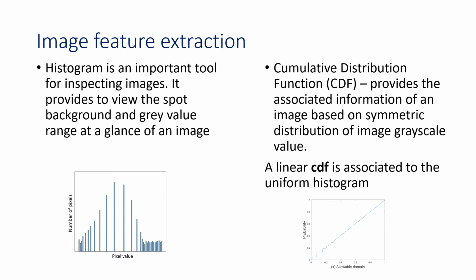Histogram is an important tool for inspecting images which provides a view of the spot background and gray value range at a glance of an image, while the CDF provides the associated information of an image based on symmetric distribution of image grayscale value. The target should be linear CDF, which is associated to a uniform histogram. Below are the corresponding images for histogram and CDF.